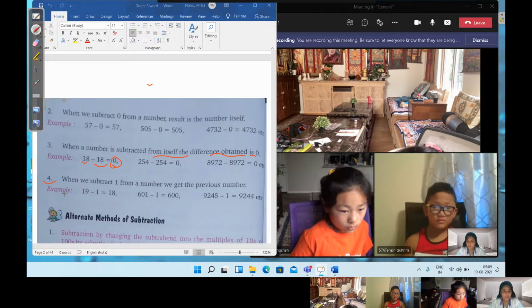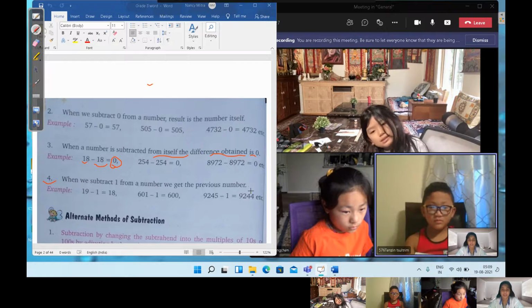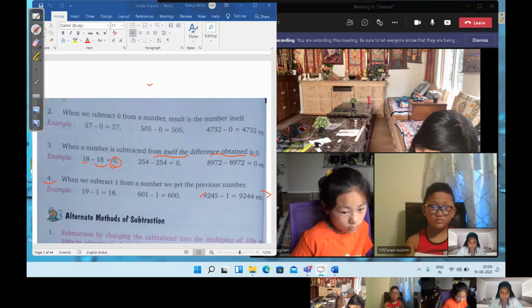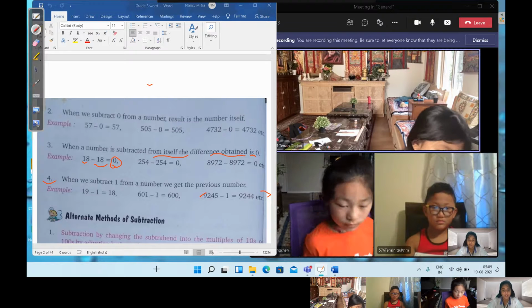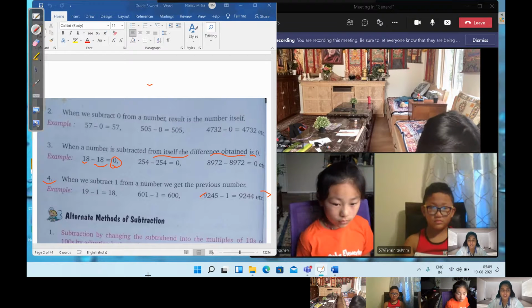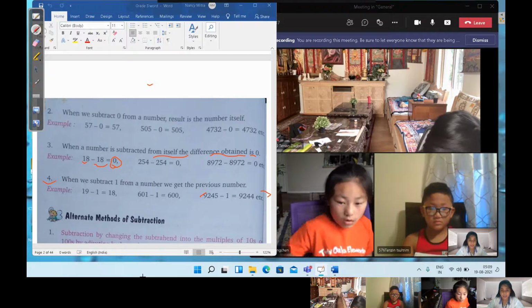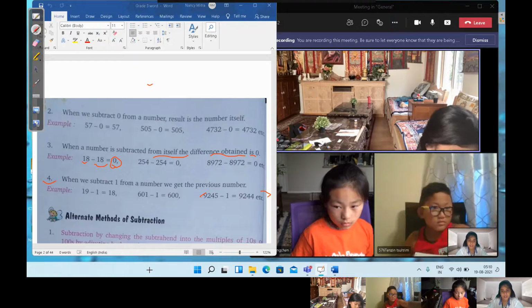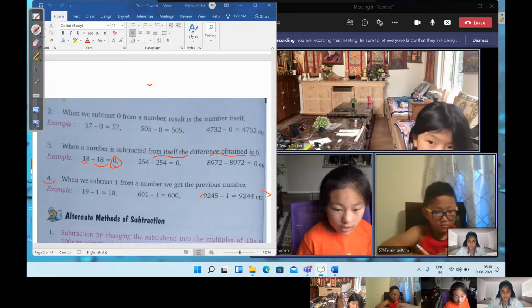The fourth one is that when we subtract one from a number, we get the previous number. We can also say we get the predecessor. If you subtract one, you get the predecessor. If you add one, you get the successor.